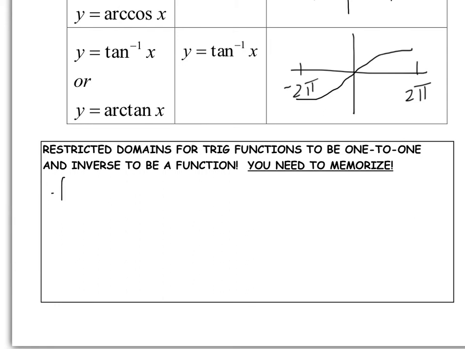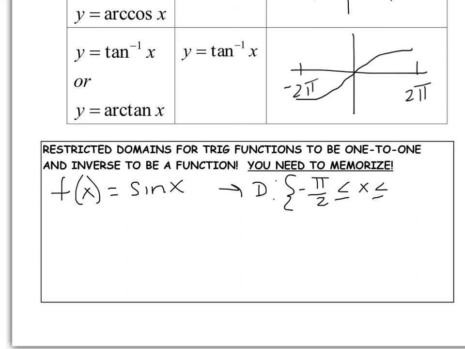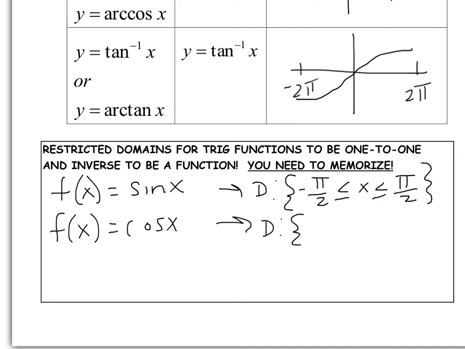So you need to write this down, that the restricted domain for sine of x is a domain from negative pi over 2 to pi over 2. And we use less than or equal to signs because it can include negative pi over 2 and pi over 2. For cosine of x, the restricted domain is from 0 to pi.